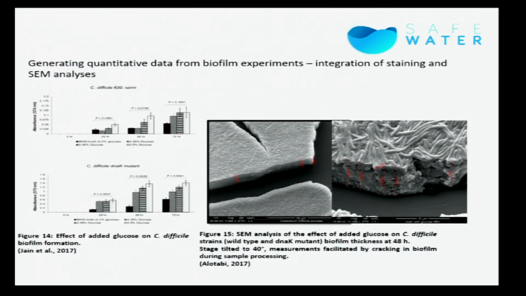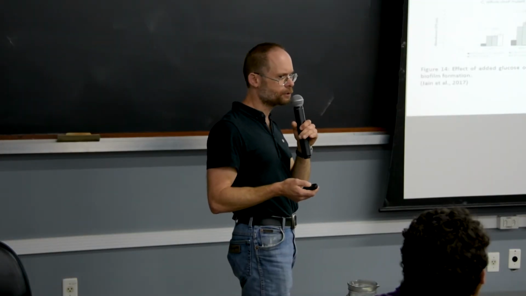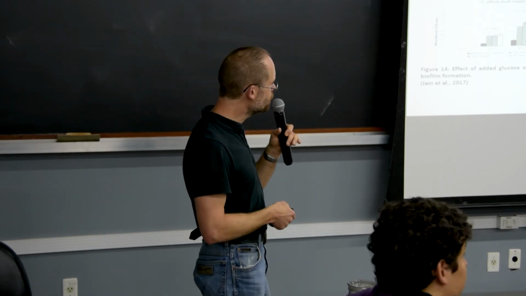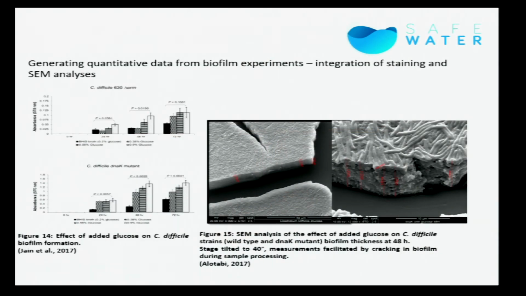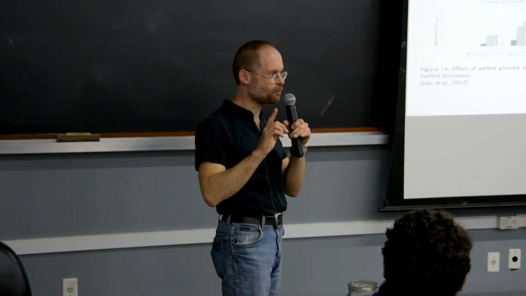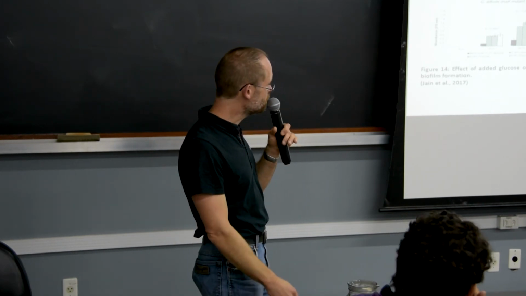But we discovered that during processing for SEM, the biofilms actually, they're being dehydrated and they crack. So we get these cracks in the biofilm like dried mud on a puddle. And as a result of that, we can actually take the stage in the SEM and we can tilt it to 40 degrees. And only our microscope guy is allowed to do this because he doesn't want anybody crashing the microscope.